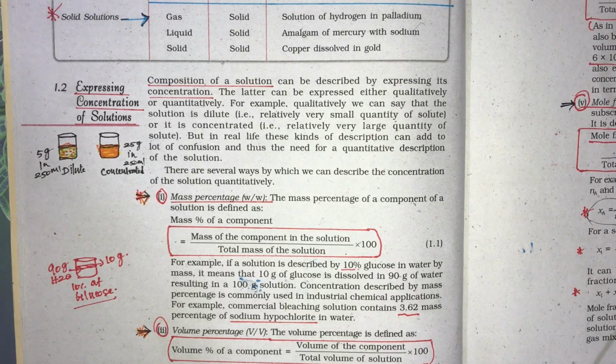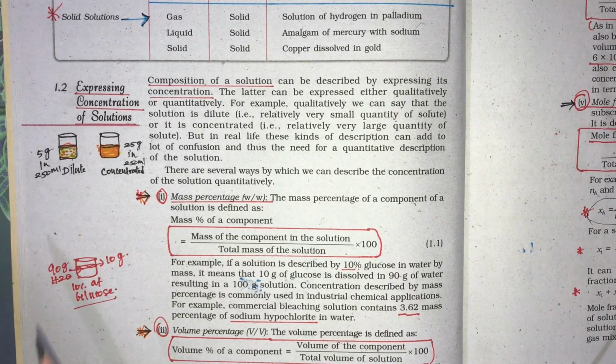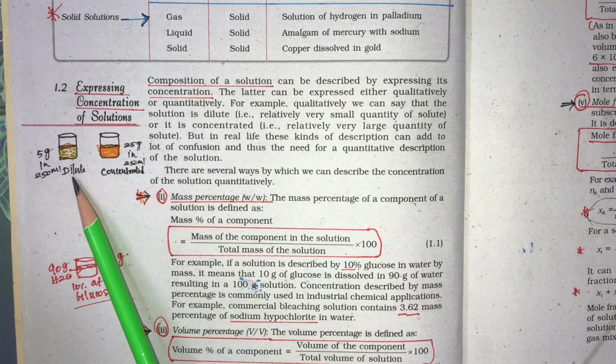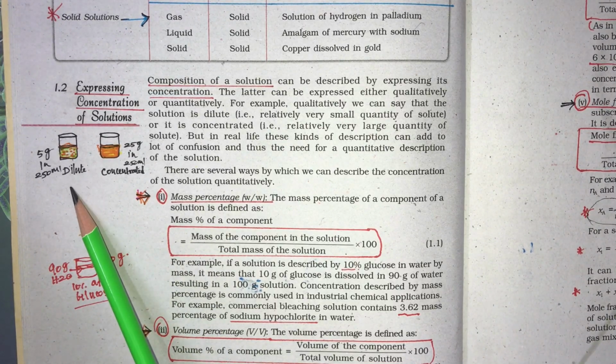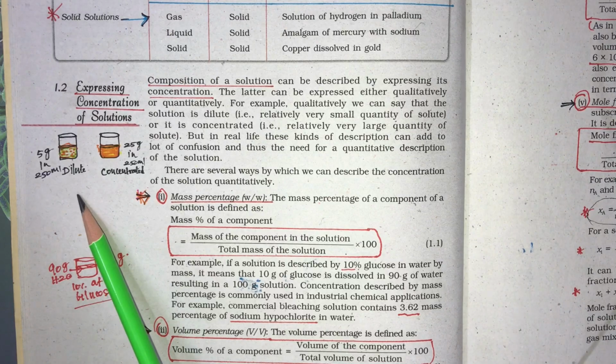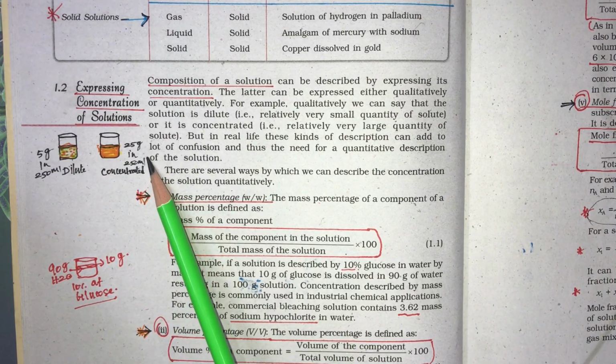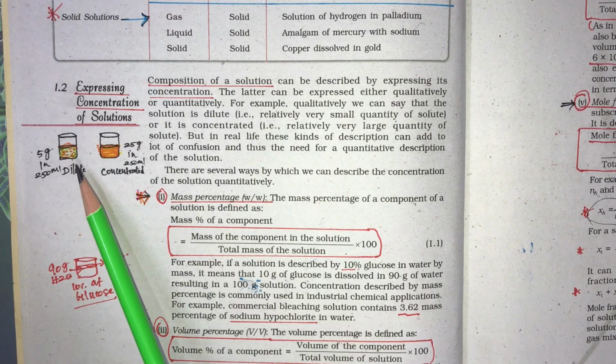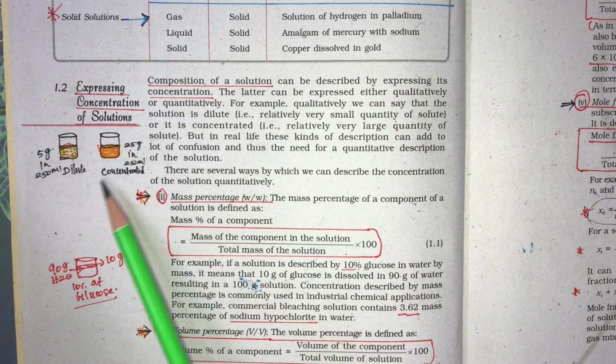Methods of expressing concentration of the solution. A dilute solution and a concentrated solution. What is a dilute solution? For example, 5 gram of solute in 250 ml of water versus 25 gram of solute in 250 ml of water. The solution which contains less amount of solute is called a dilute solution.